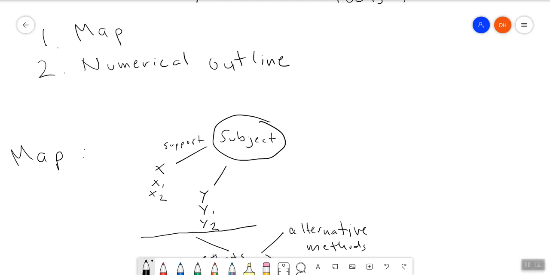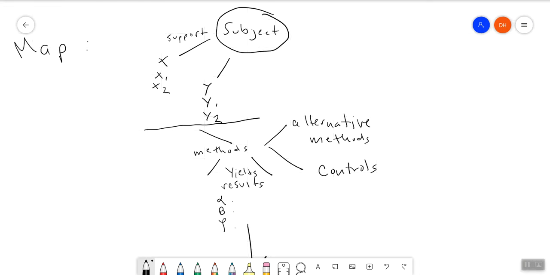So the map, as you can imagine, can look however you want to draw it. There's a million different types of these. There are actually templates for concept maps online. If you just type concept map template into Google, you'll find these. But here you'd have your main subject. What am I looking at?